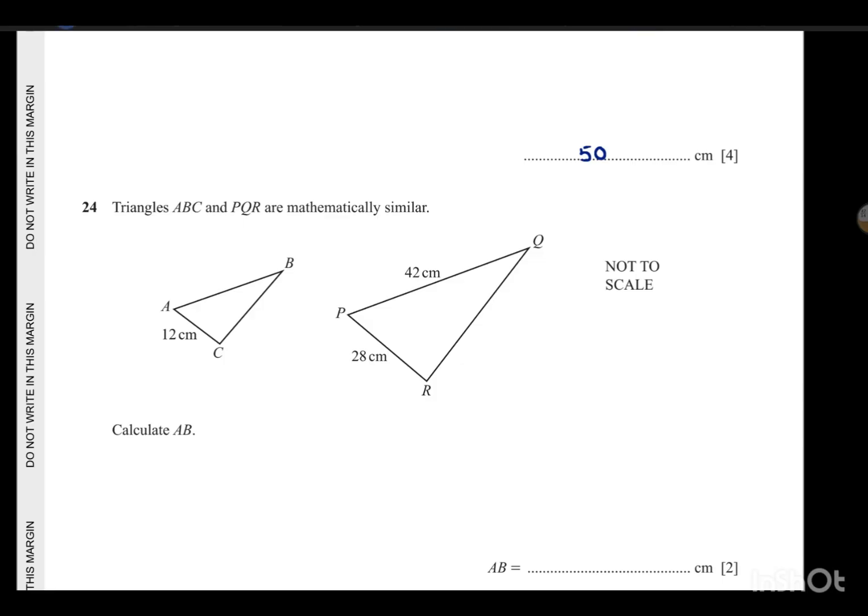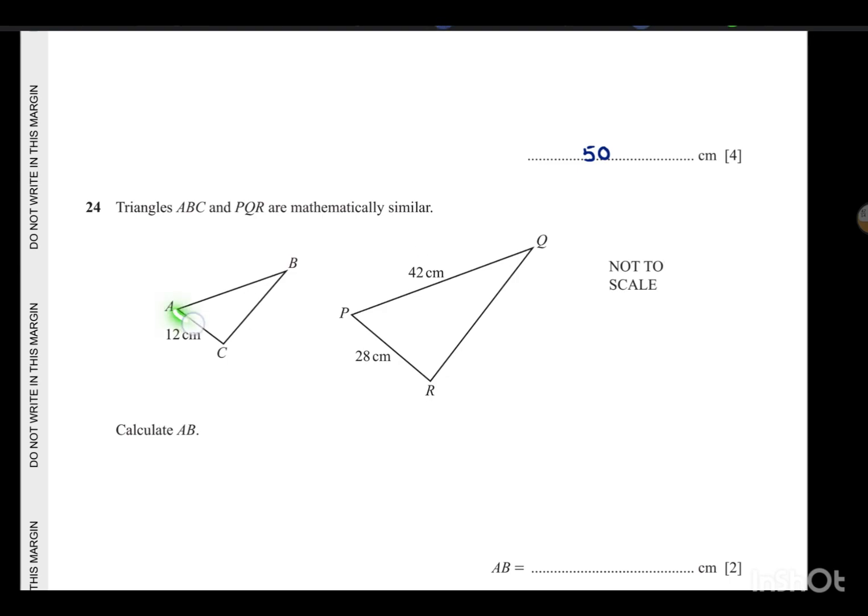So now take the corresponding sides which are already given. Let us take AC and PR, AB and PQ. Using this we can find out. AC by PR will be equal to AB by PQ.